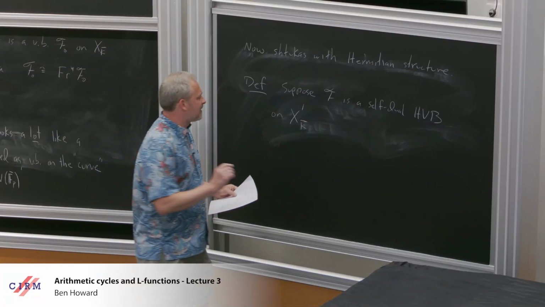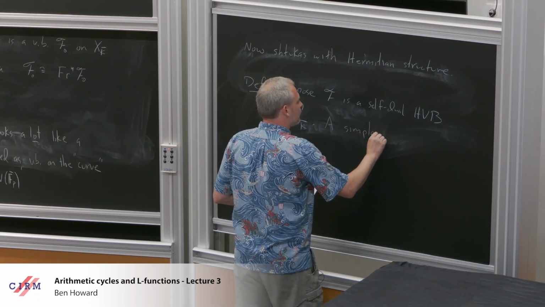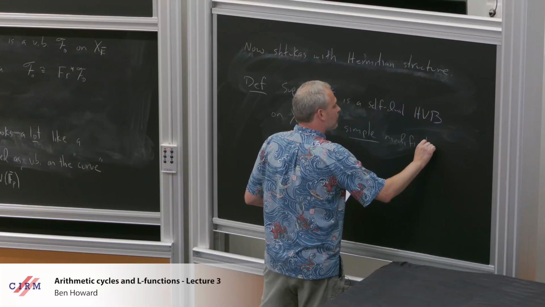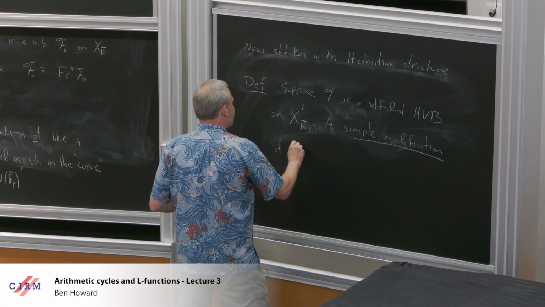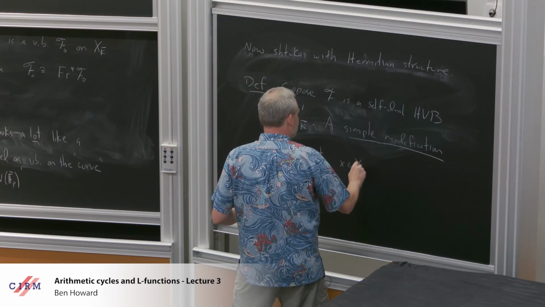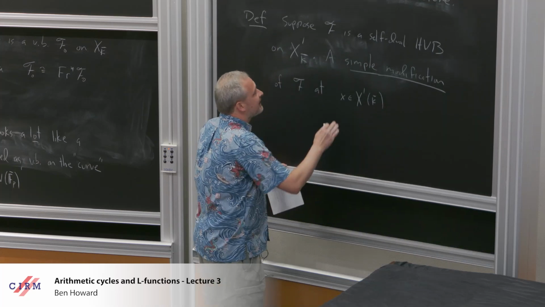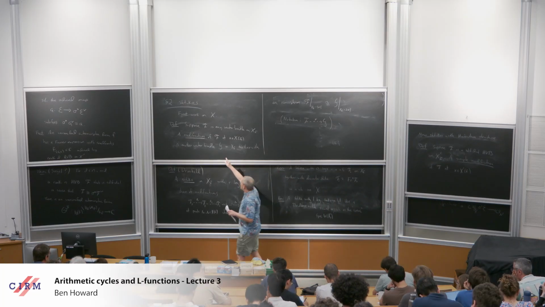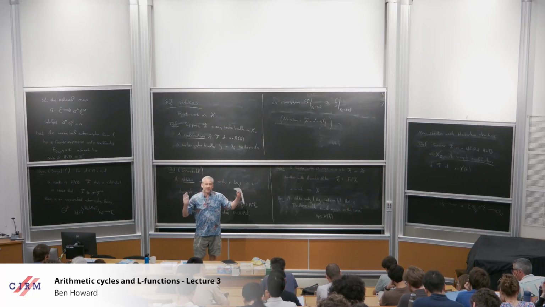A simple modification of F at a point x and x prime of K bar is: I want to modify F to another vector bundle, again having a self-dual Hermitian form on it.